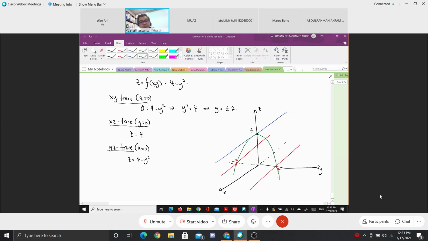So what is the shape of the surface? Like a tunnel.